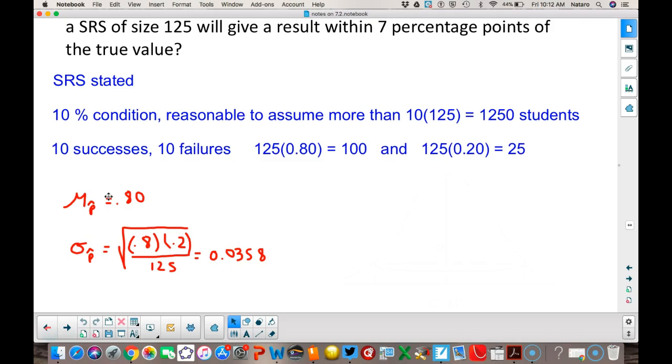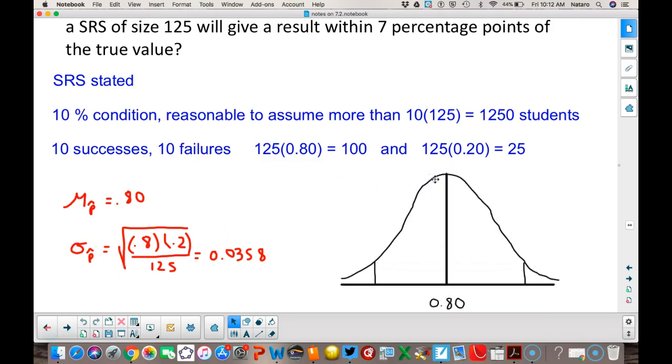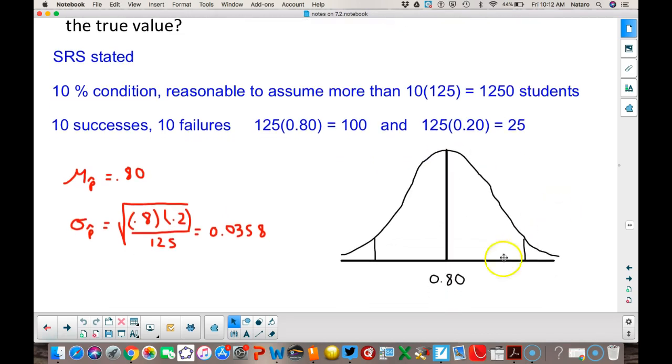It might be a little bit more or a little bit less, but we would expect it to be centered at 80%. This is the calculation for the standard deviation for the sampling distribution of a sample proportion. The next thing we would always do is draw a picture. So here's our picture: a normal distribution centered at 80%.